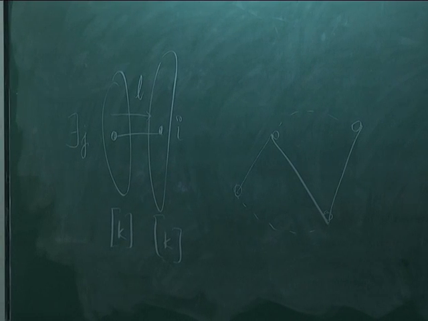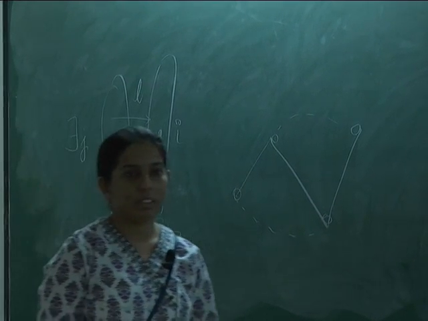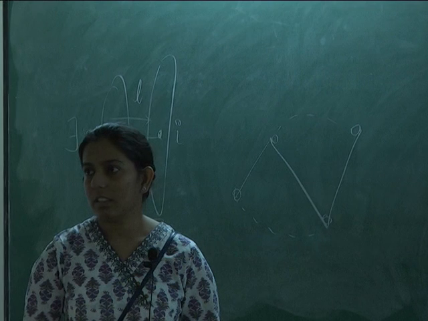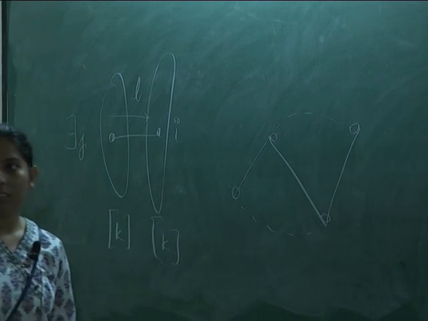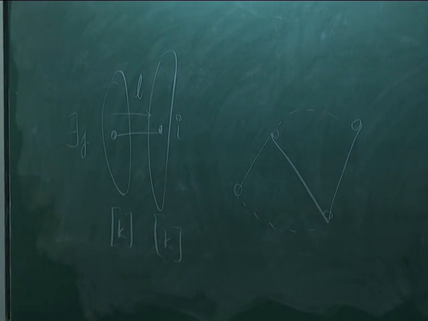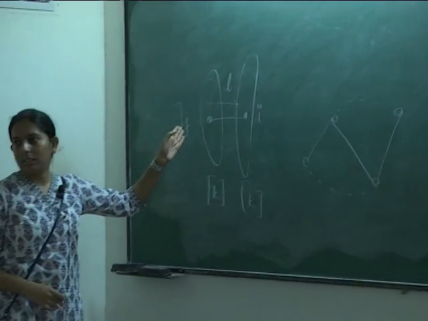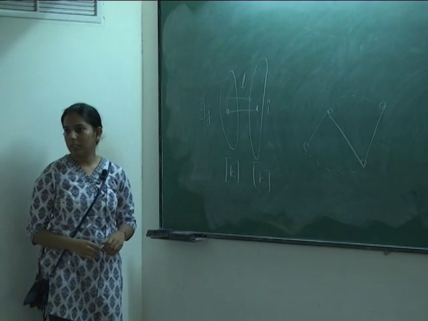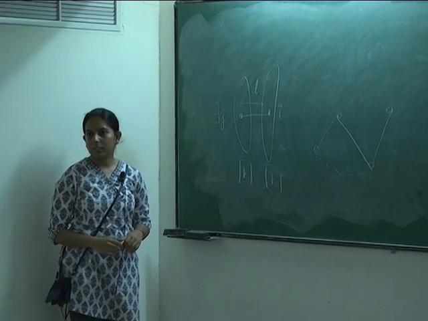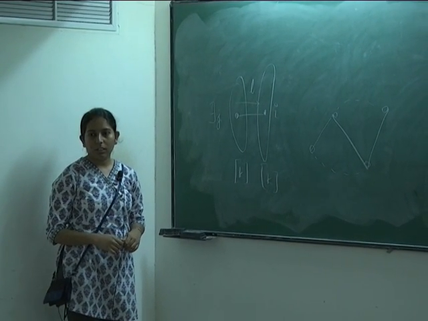I'm not focusing on permutations, I'm focusing on functions. You cannot have two guys mapping to one? No. i is in the image of the function.